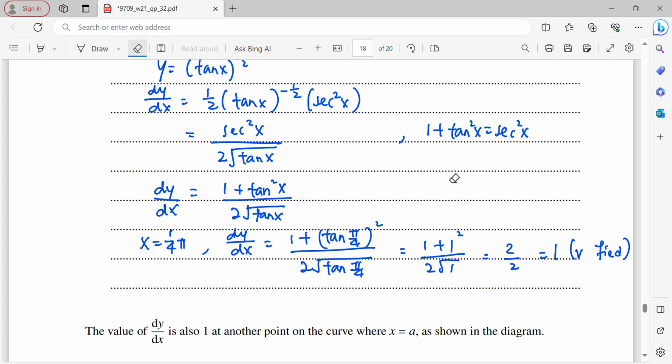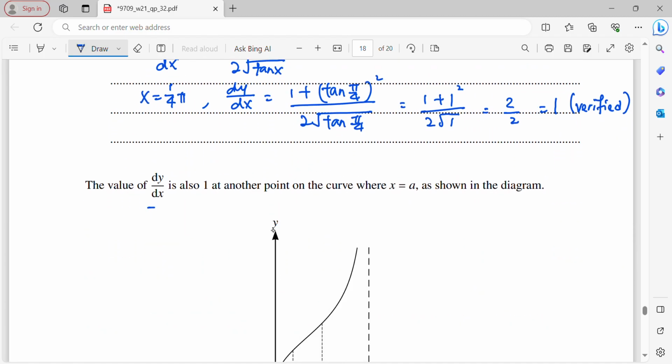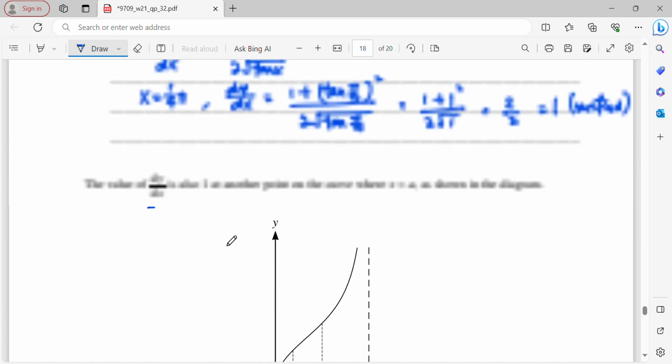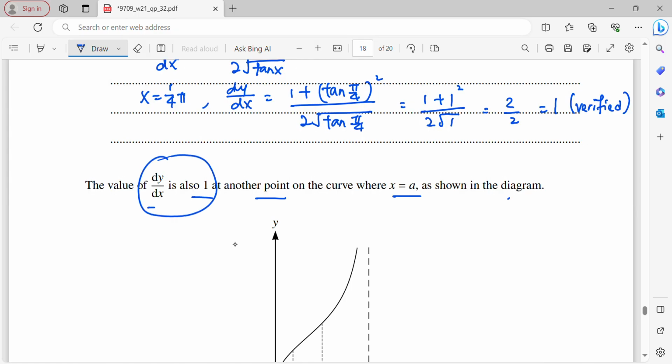Okay, so now the next part is the value of dy/dx is also 1 at another point on the curve where x equals a, as shown in the diagram. This is a graph. Show that this equation holds where t equals tan a. So now we know that dy/dx is 1.